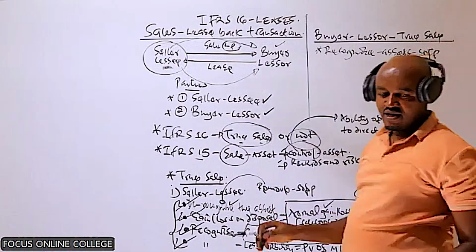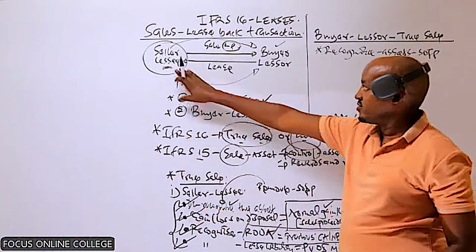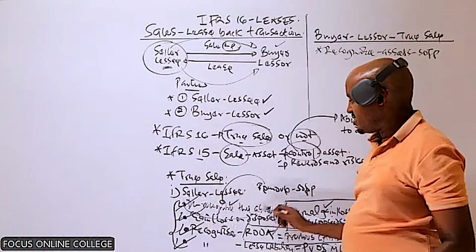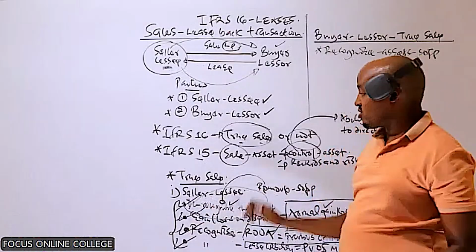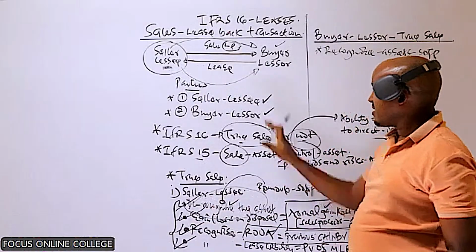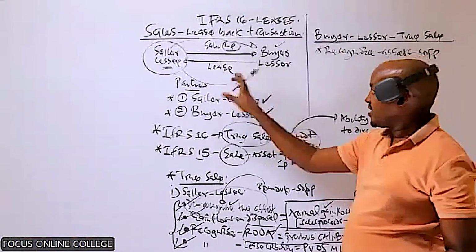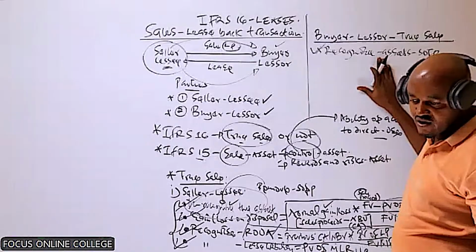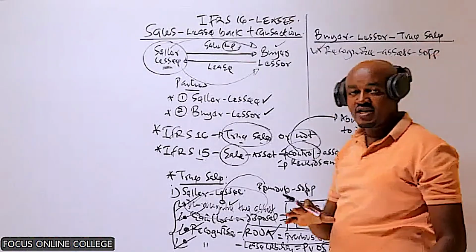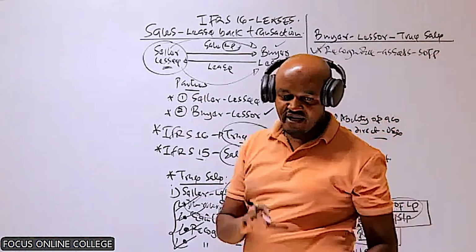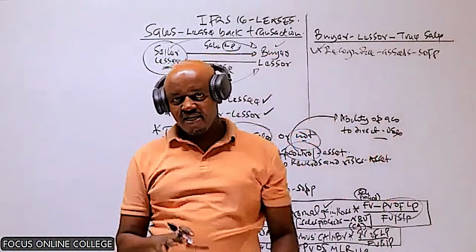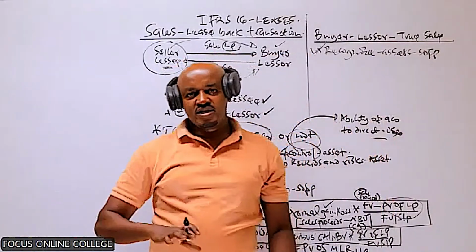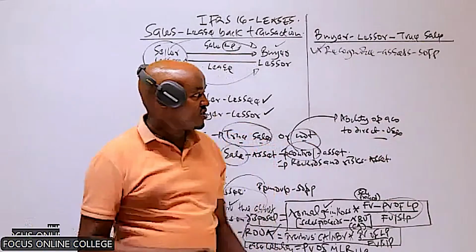The seller removes that asset, because the control, the reward and the risk have been transferred to this company. We know whenever a company has bought an asset, how should that company recognize it? Basically debit the asset account and then credit the bank or cash account.